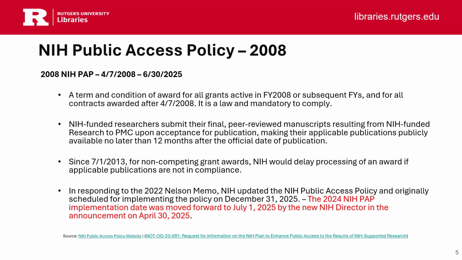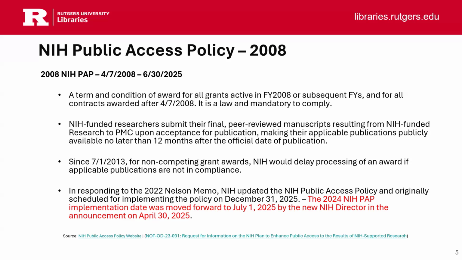In August 2022, the Office of Science and Technology Policy, called the OSTP, released a memorandum on public access for federally funded research. This memo is often known as the Nelson Memo. The memo outlines new requirements that will affect federally funded researchers.